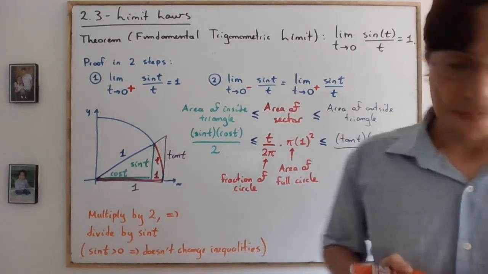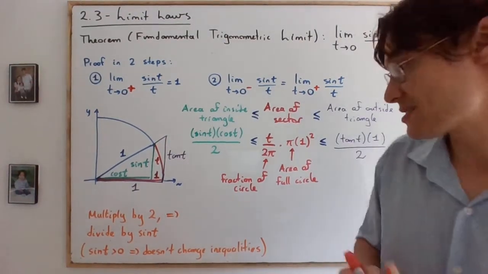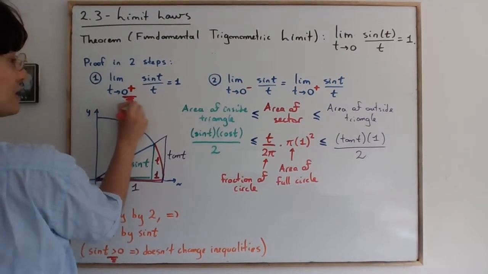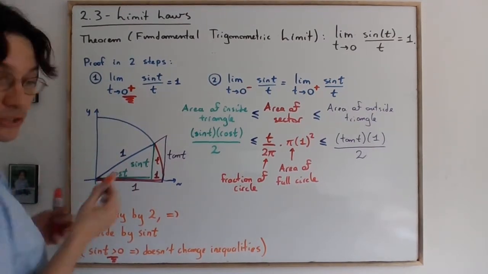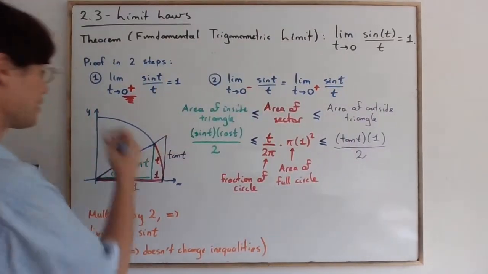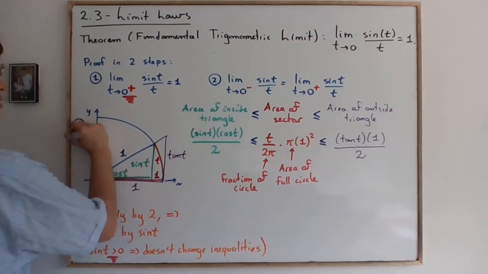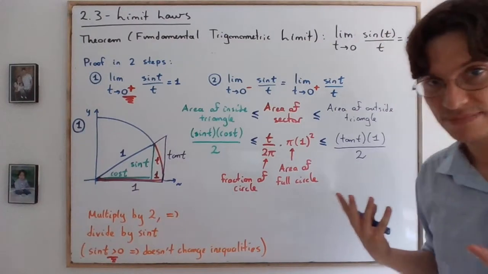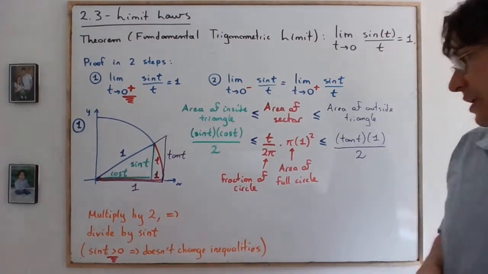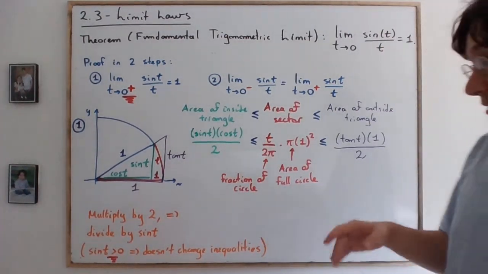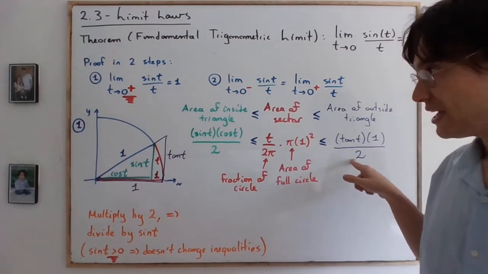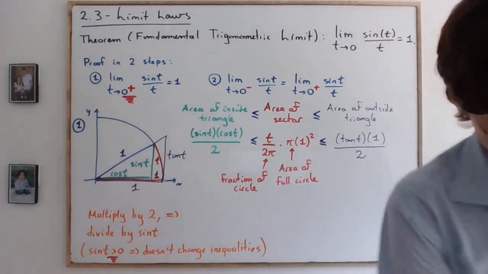Now, how do I know that the sine is positive? Of course, it is because of this. Remember that we are doing step number 1, and we are assuming here that the angle is above the x-axis. So we're getting rid of all the 2's at the bottom, and dividing everything by sine of t.